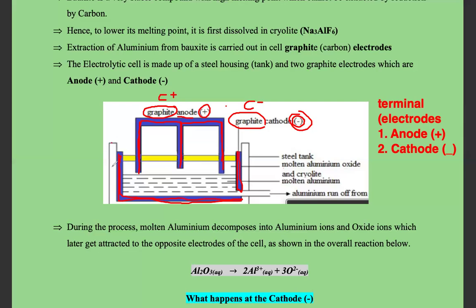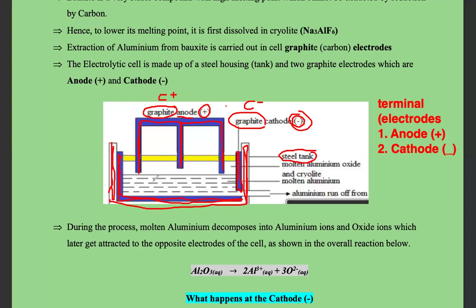The temperature here goes as high as 500 degrees Celsius, so this cell must be very thick and it is made out of steel. The walls around it are made out of steel, and it is called the steel tank.